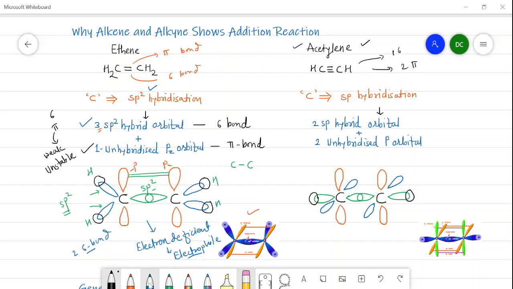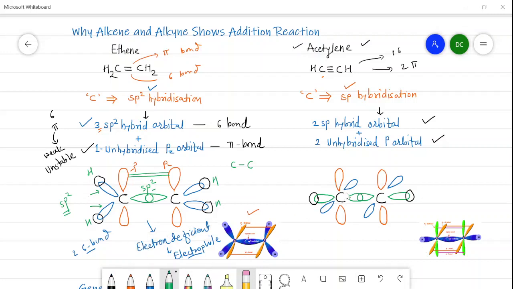Now in this molecule, the carbons present are in a sp hybridized state. That is, there are two sp hybrid orbitals and two unhybridized p orbitals present on each carbon. Let us consider the first carbon.